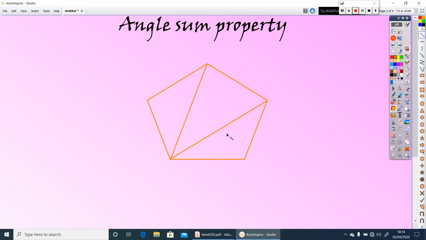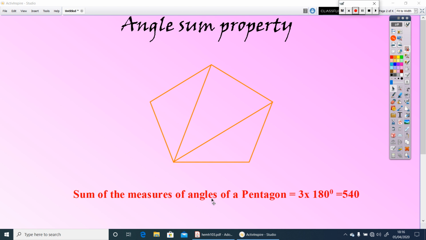Here you will get three triangles. So the angle sum is 180 plus 180 plus 180, or we can write it as 3 into 180. The sum of the measures of angles of a pentagon, that is 3 into 180 degree, is 540 degree.